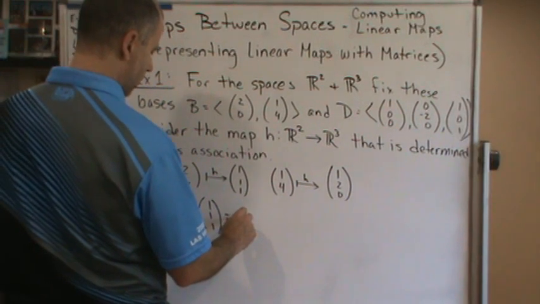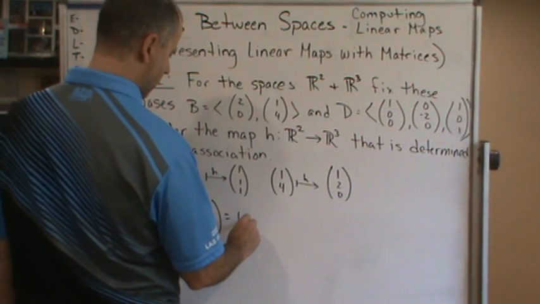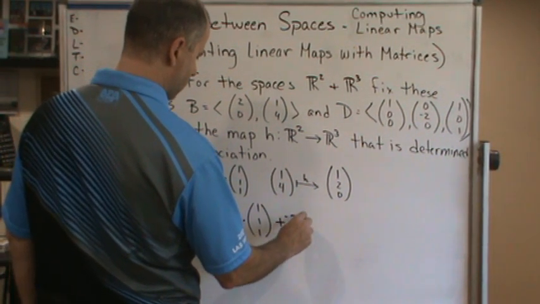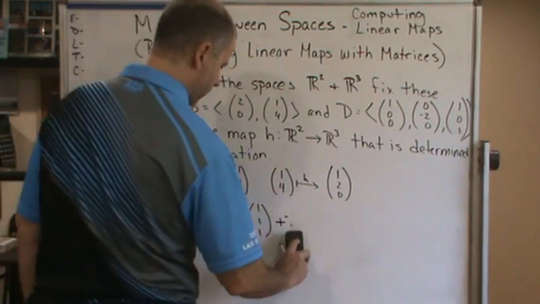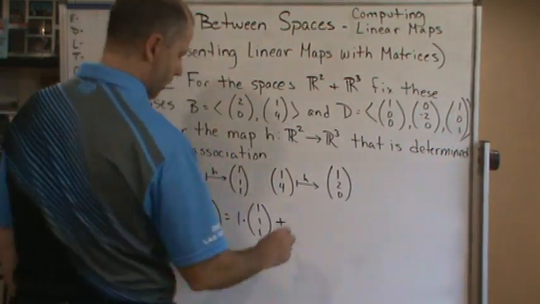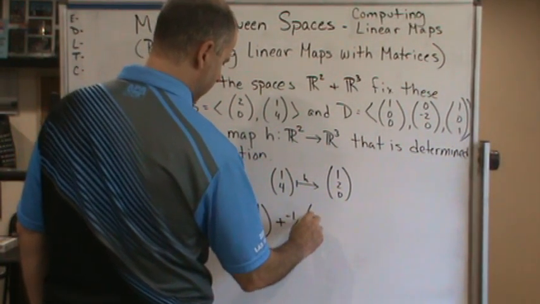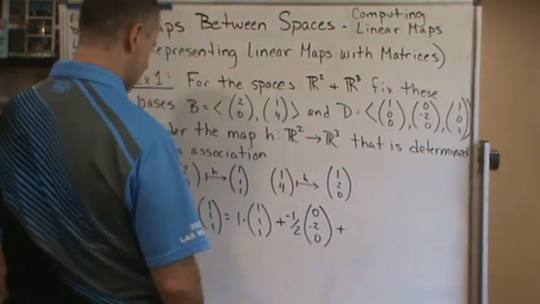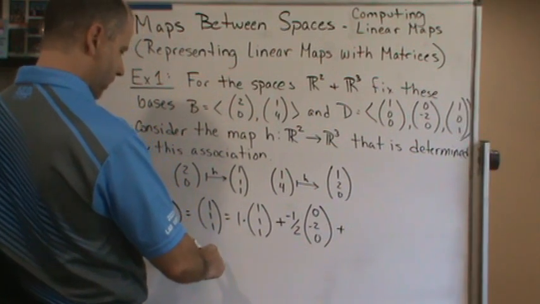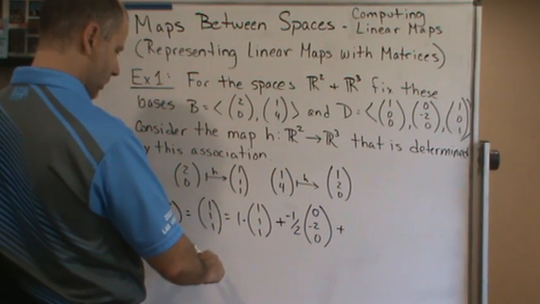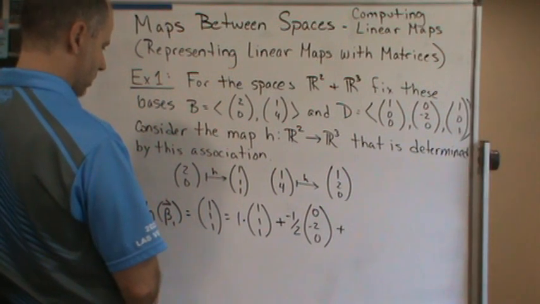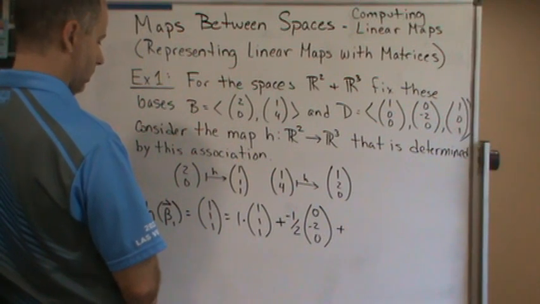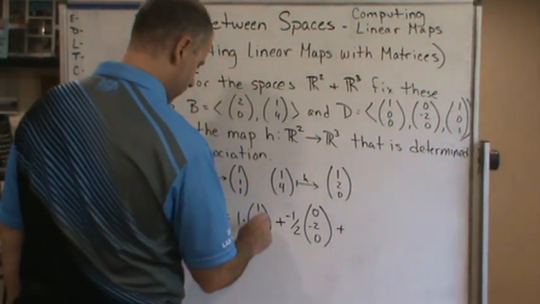So that's going to give us 1 times 1, 1, 1 plus negative a half times 0, negative 2, 0 plus, well, here that gives us, oh sorry, these should be 0.